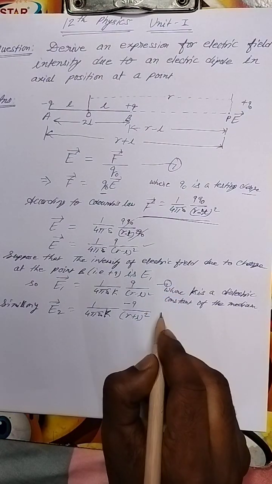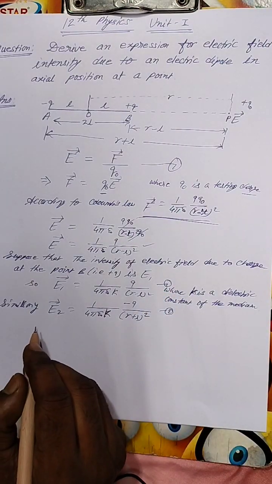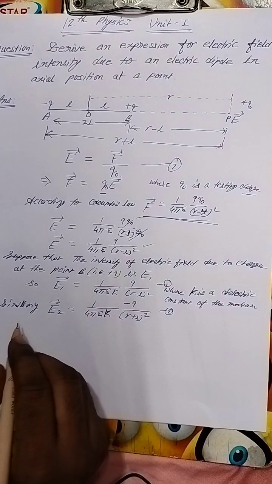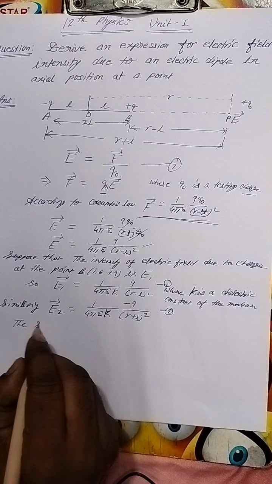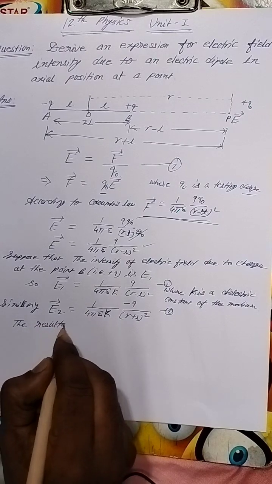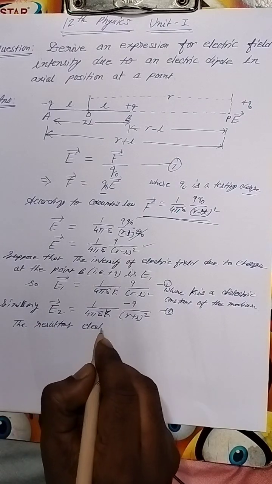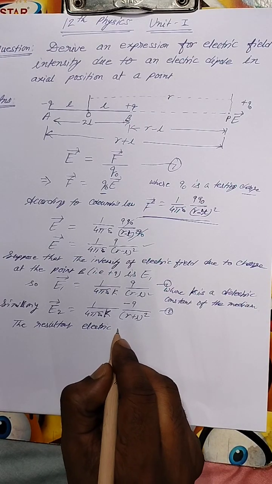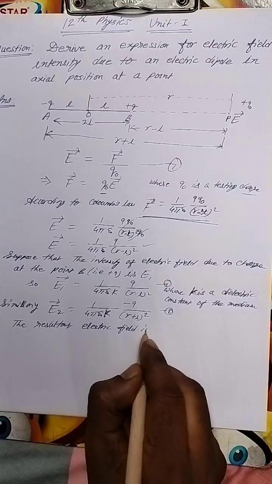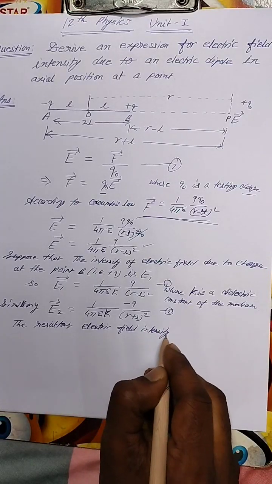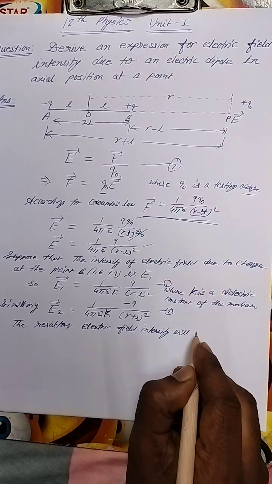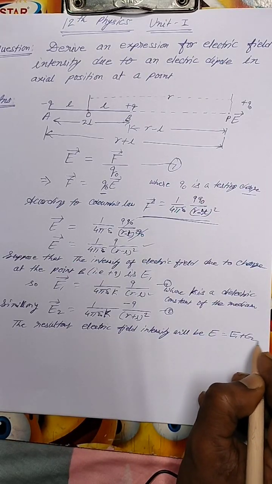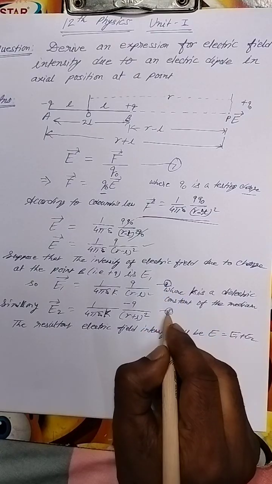Now, on combining, the resultant electric field intensity will be E is equal to E1 plus E2, from equations 2 and 3.